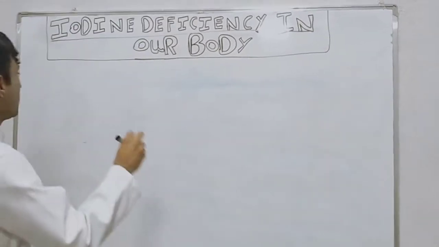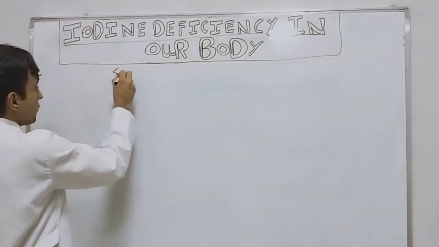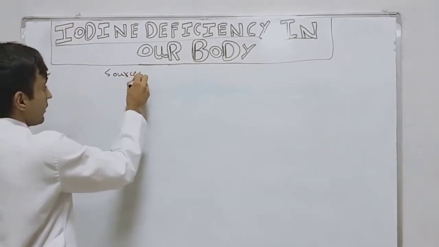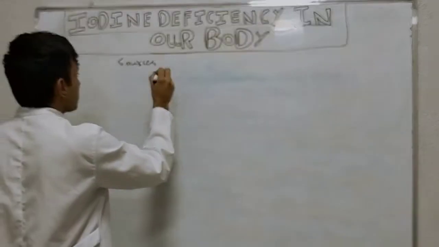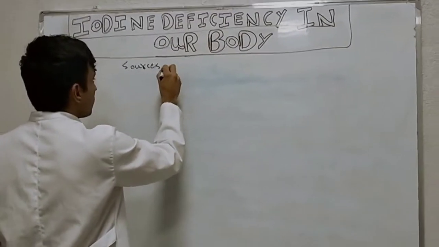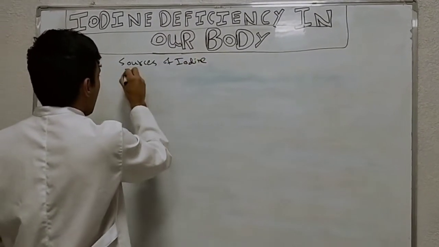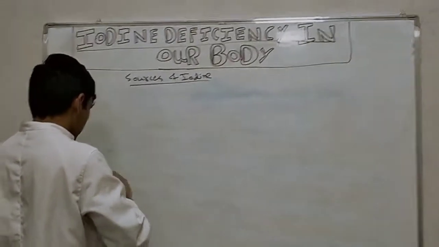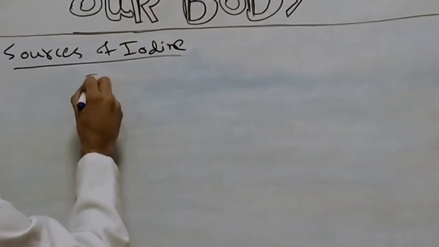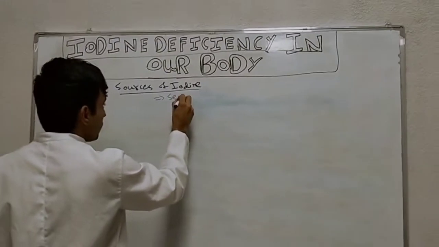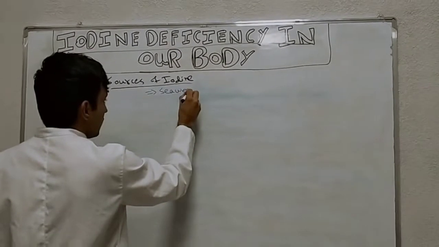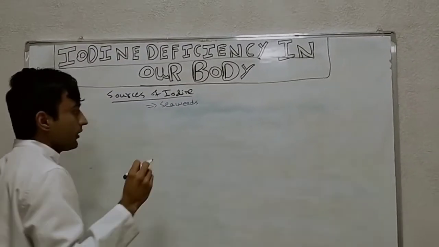Now talking about the sources of iodine. Due to the limited sources of iodine, iodine deficiency is very common in humans. Sources of iodine include seaweeds. We know that seafoods are an abundant source of iodine.